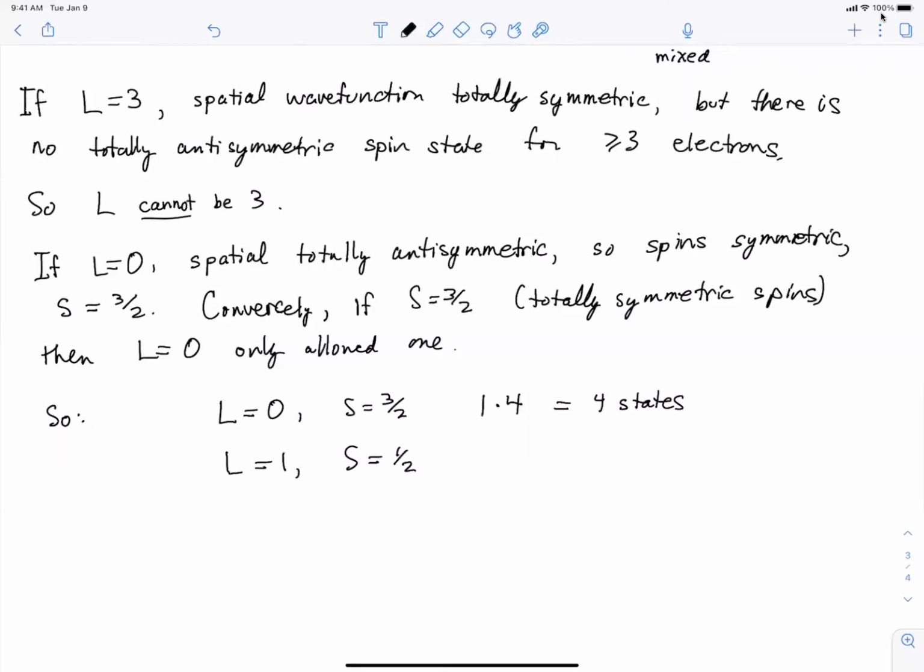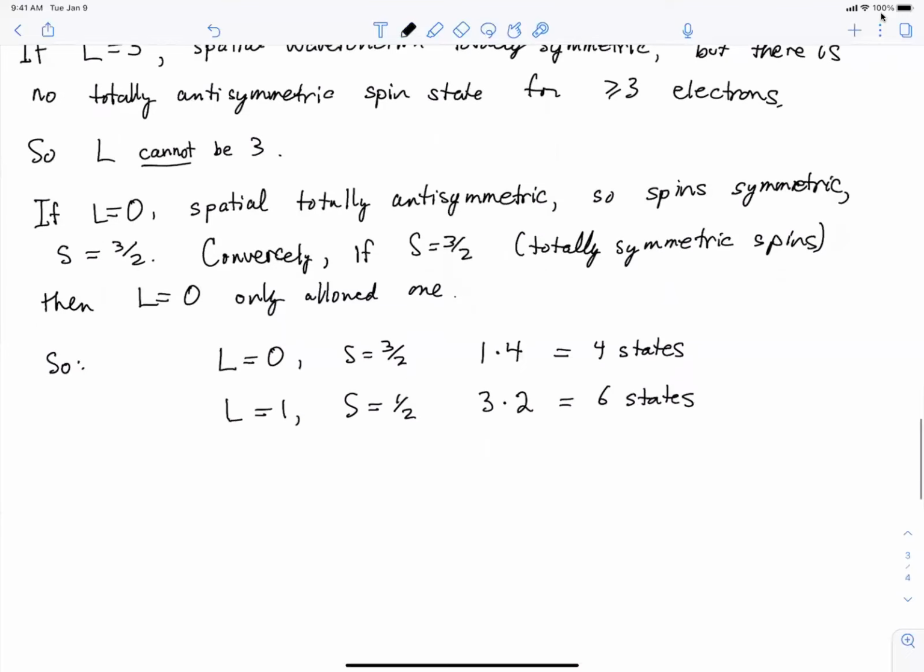The number of states there is 3 for L and 2 for the total spin, so that's 6 states. And then another thing we could have possibly is L equals 2 and S equals 1/2. And there the number of states is 5 for L because it's 2 times 2 plus 1, times 2 for spin. So that's 10 states.